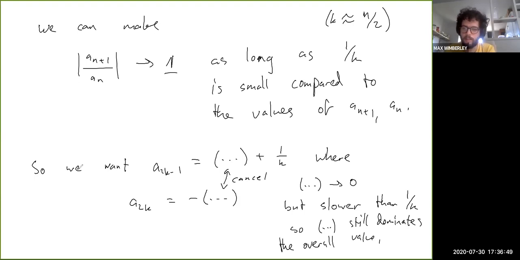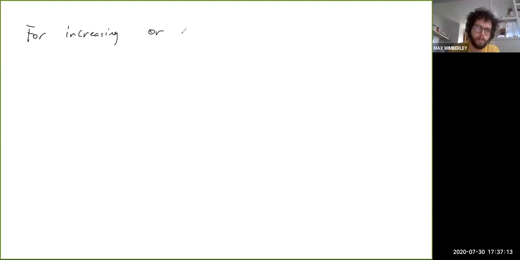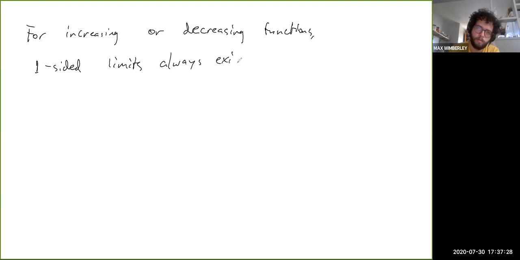Problem 7 is definitely a fact that's worth being acquainted with in its own right, not just as a problem on a midterm, but as a general fact about monotonic functions: that the one-sided limits from both directions exist for increasing or decreasing functions, I guess on an interval.